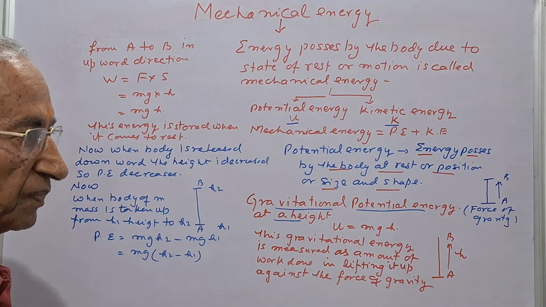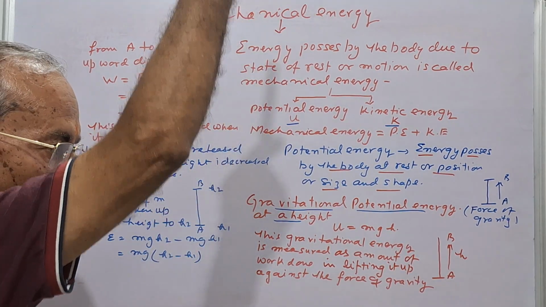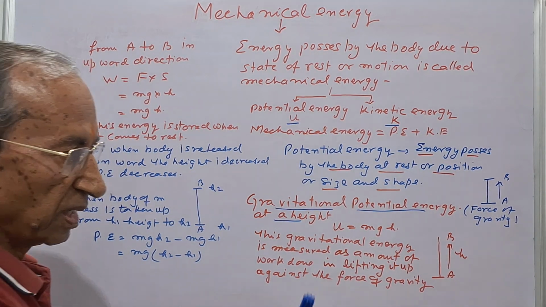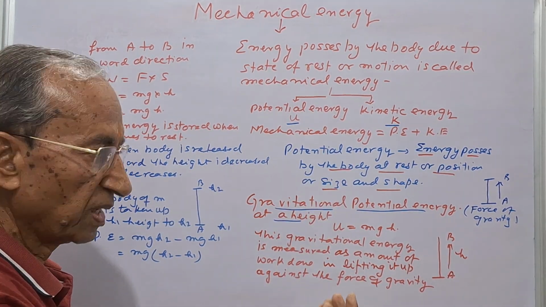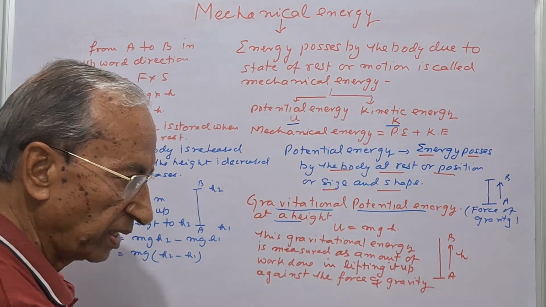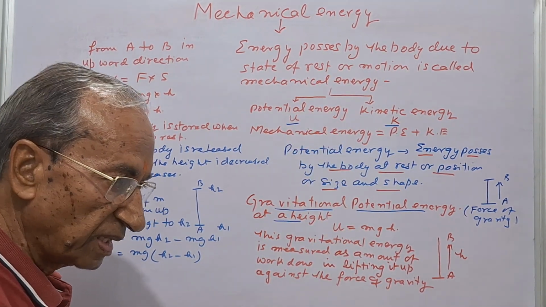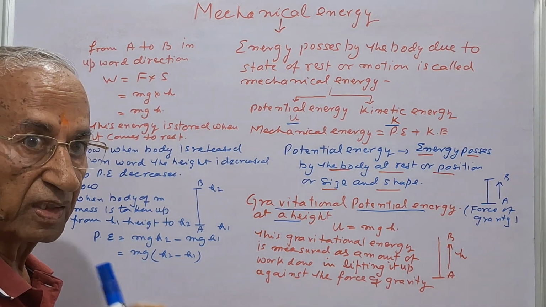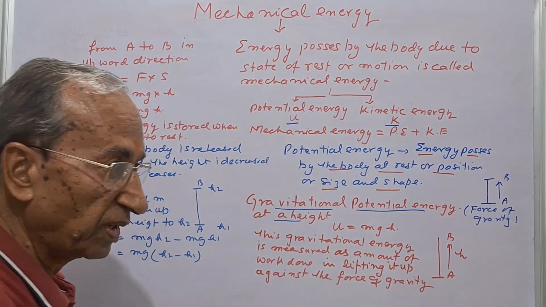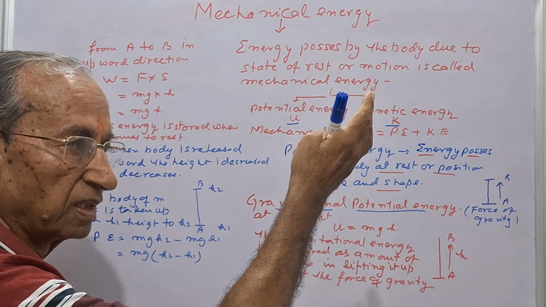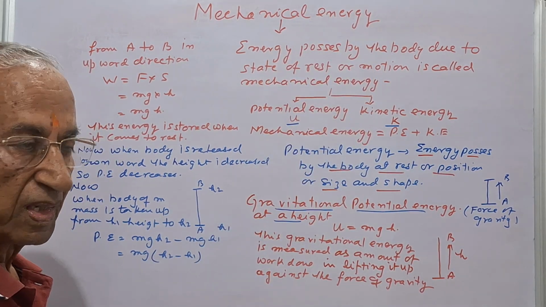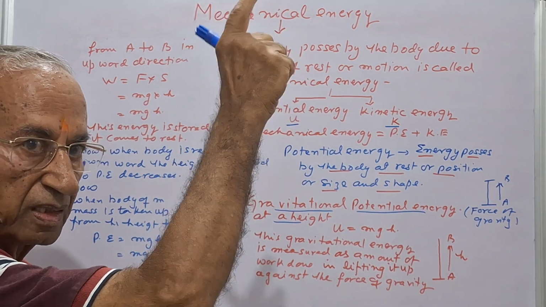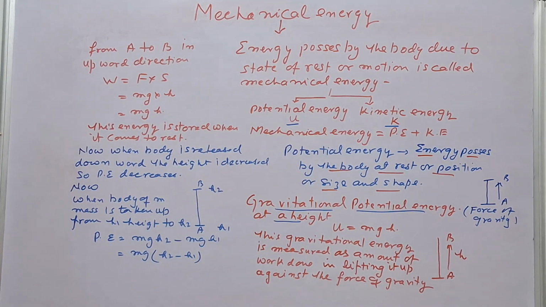Now what will happen if something falls from a certain height to the ground? Here the gravitational force is attracting the object in the downward direction. So in the upward direction, work done is mgh, and when it reaches a certain height, that energy is stored when it comes to rest, which is known as potential energy.